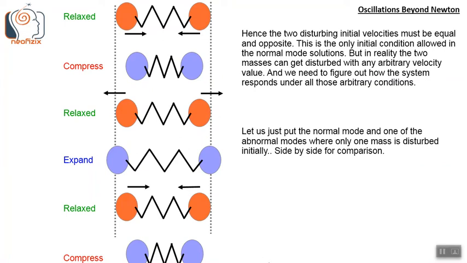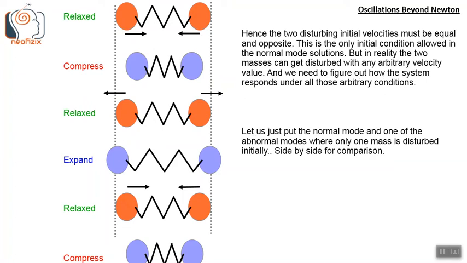And we need to figure out how the system responds under all those arbitrary conditions. So the force balance equation gives only this kind of motion that is valid for this one spring two mass system. But this is not the only kind of disturbance that this system experiences. The masses can get some random arbitrary velocities v1 and v2 as the input.